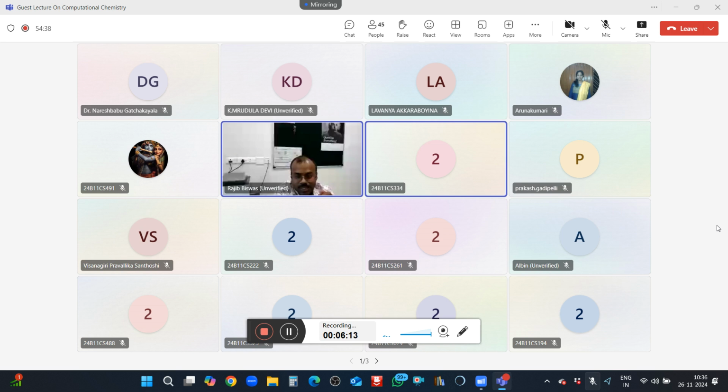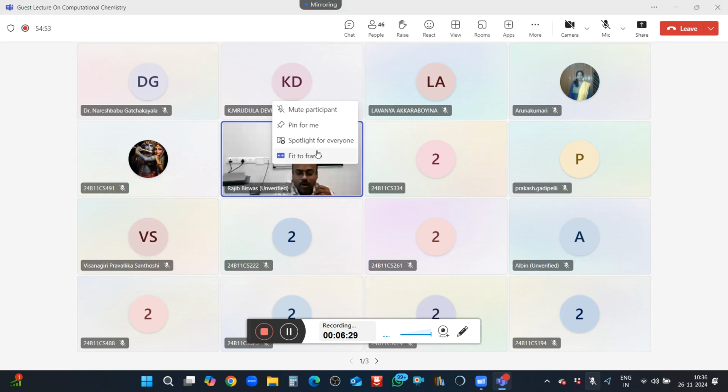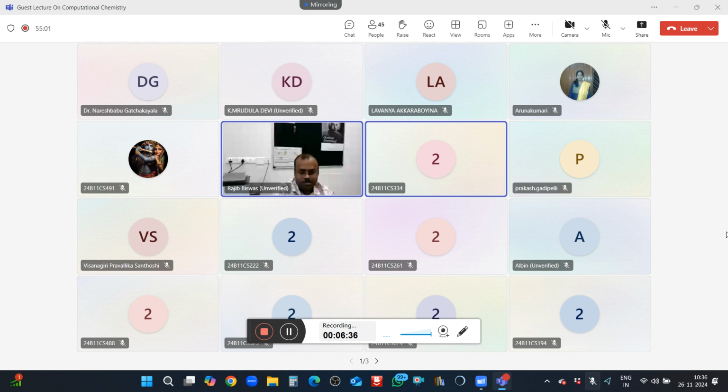Since their discovery, density functional theory has been developed, and now almost in any material science or organic chemistry reaction mechanism or biological complexes, their understanding of enzyme kinetics and other things, people are using this density functional theory based approach, and it has matured a lot after their seminal discovery.